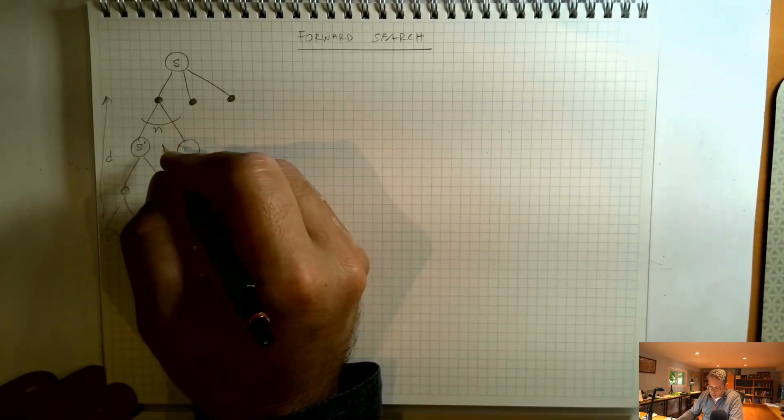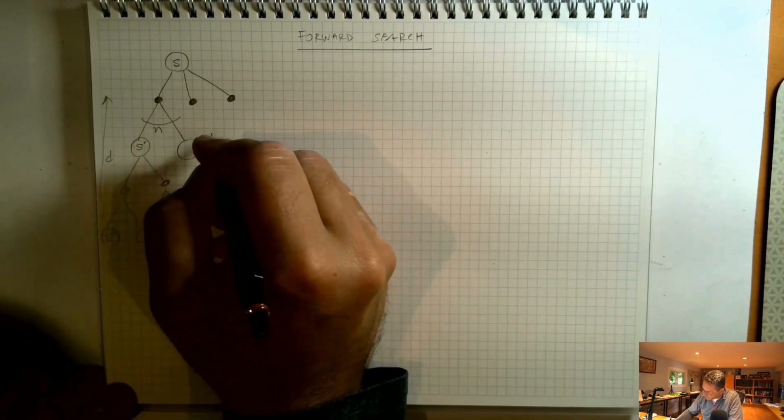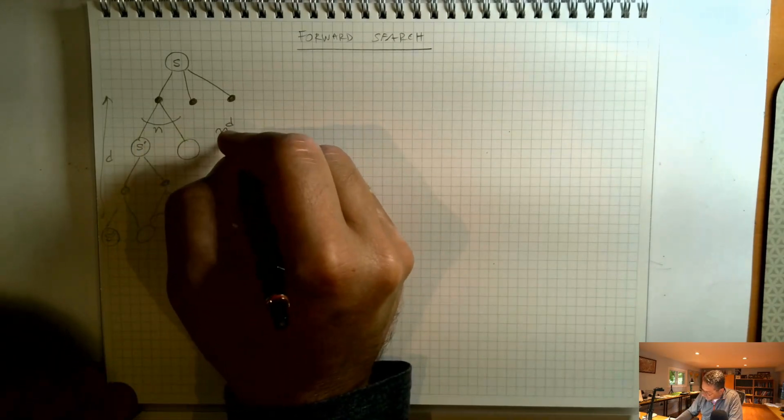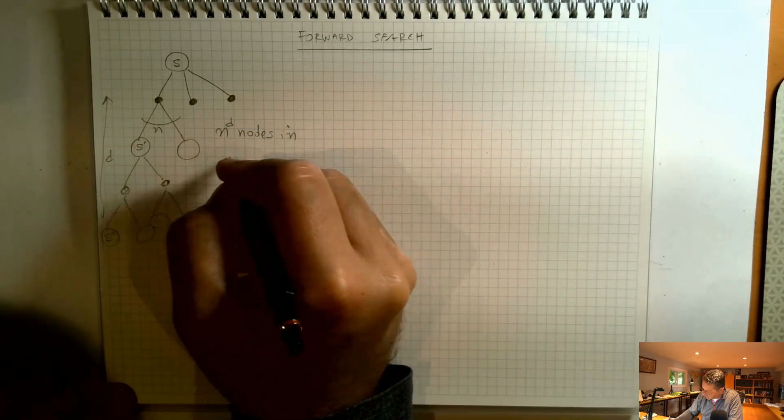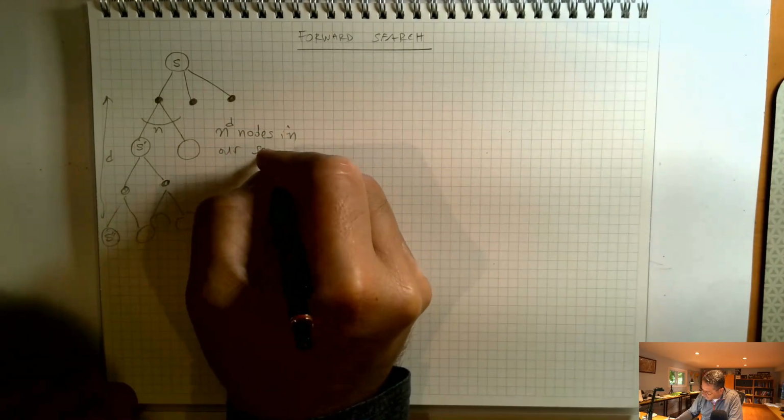Then in general, we will have n to the power of d nodes in our search tree.